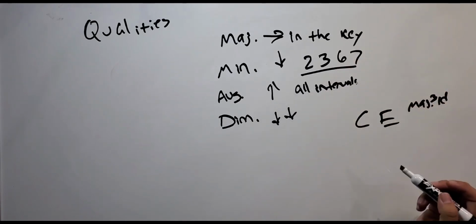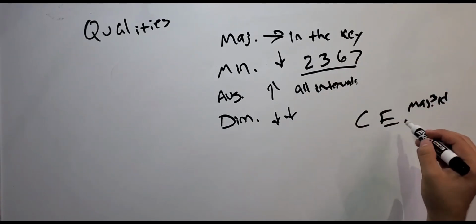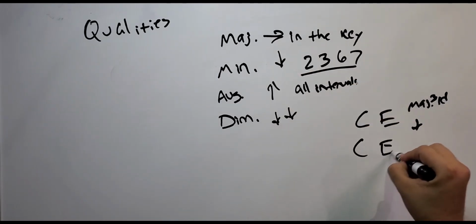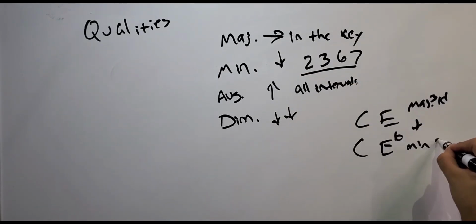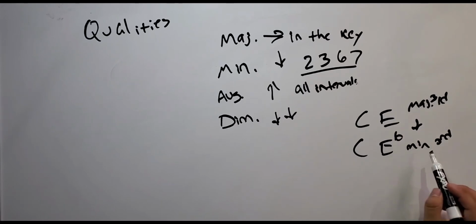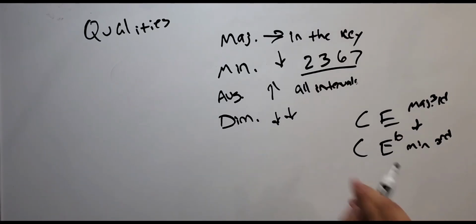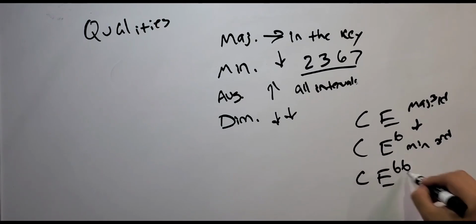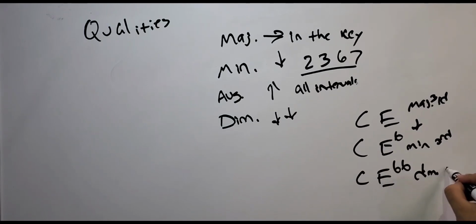Third is a major interval. If you lower it once, what does it become? It becomes minor. So C to E flat is minor. For diminished, we have to lower it again once more. So then C to E double flat is our diminished third.